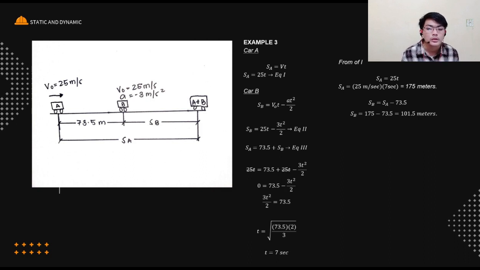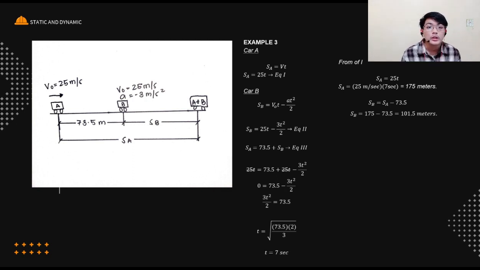Since we can see that there are 25t on both sides, they cancel each other out when we move the 25t to our left side. So now our equation shall look like 0 equal to 73.5 minus 3t squared over 2.